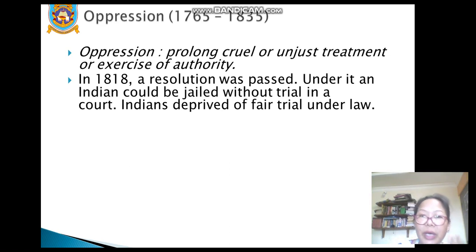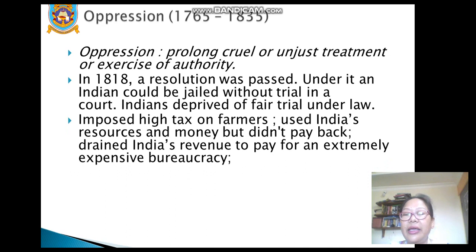So they could be jailed without being proved guilty. Even if they are innocent, they cannot prove their innocence in the court because they are not given that trial. Now here you need to understand how East India Company oppressed the Indian society.